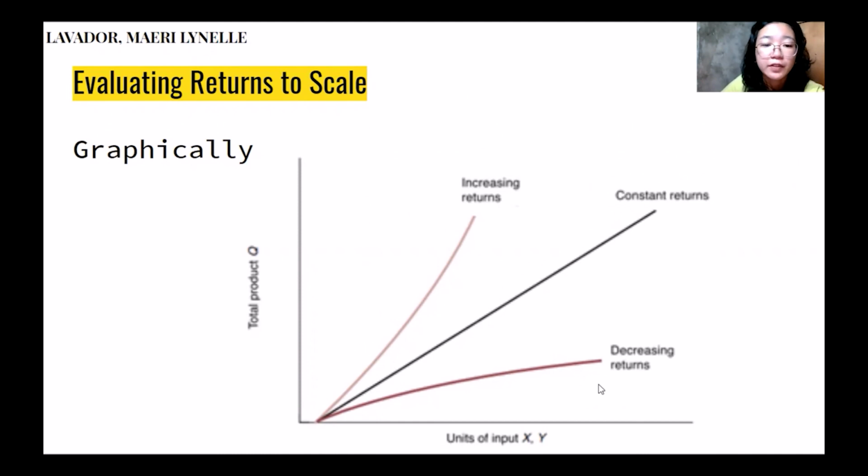While if the slope of such a line from the origin is rising, the returns to scale are increasing. If decreasing returns to scale are present, total output grows slower than input use. When increasing returns to scale are present, total output grows faster than input use.